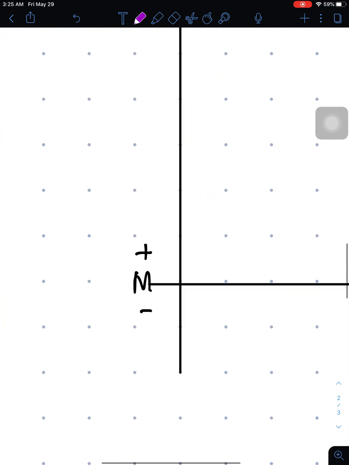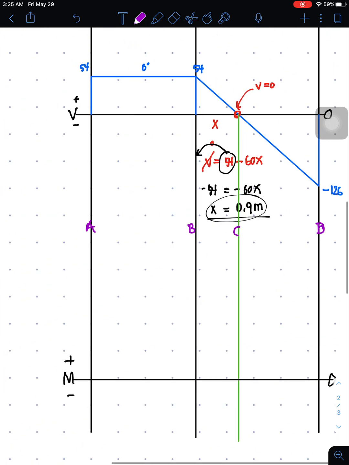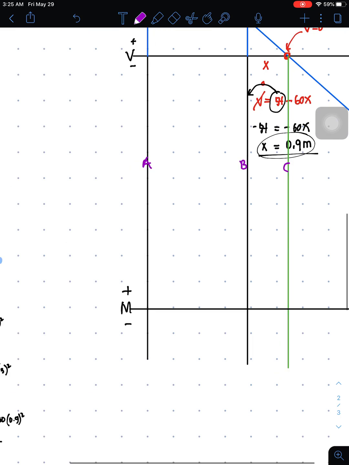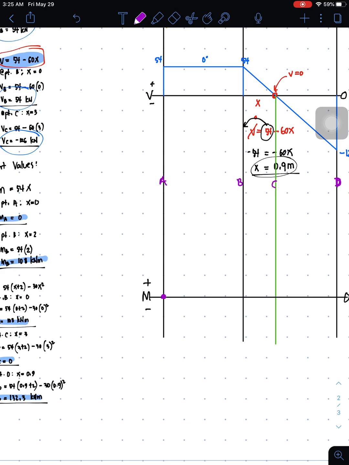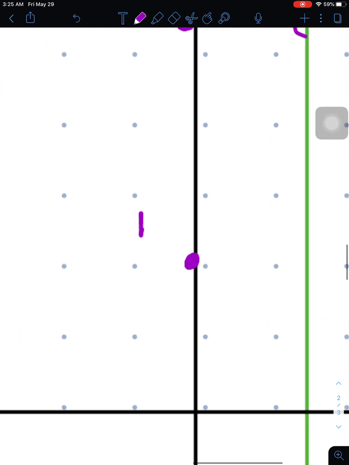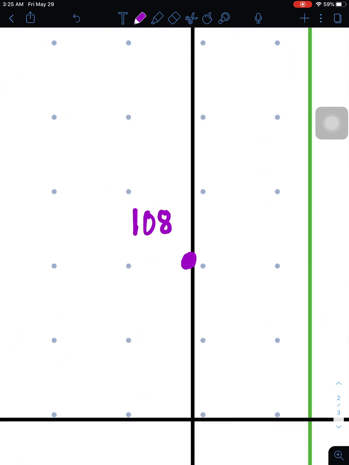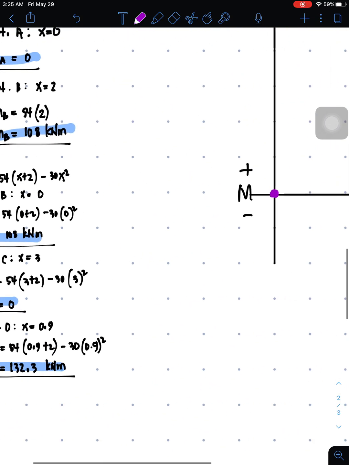MA is 0, that's point A. So again, this is point A, this is point B, this is point C, and this is point D. Okay, and MA is 0, then MB is 108, so that's 108. And then MC is 0.